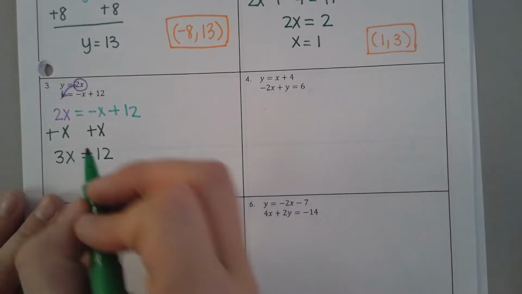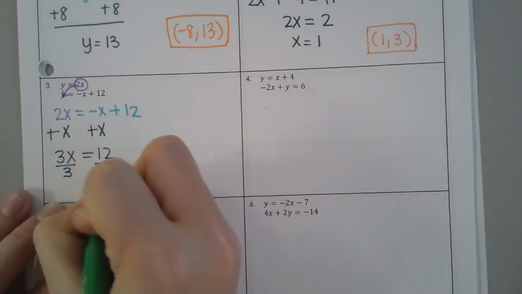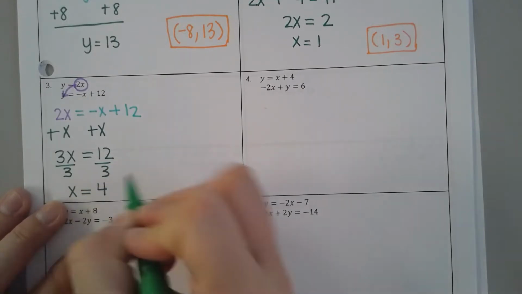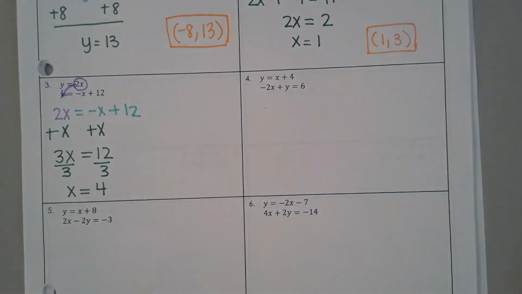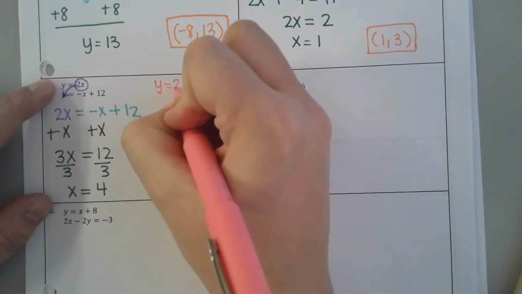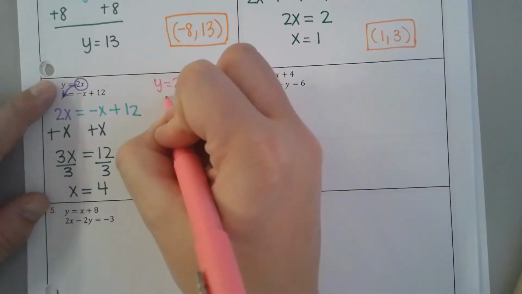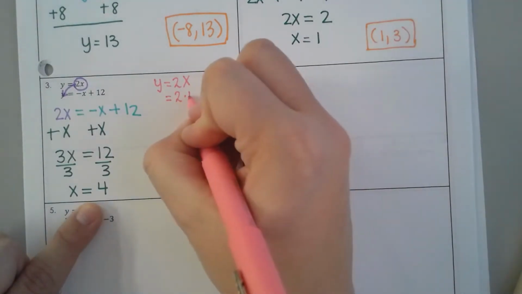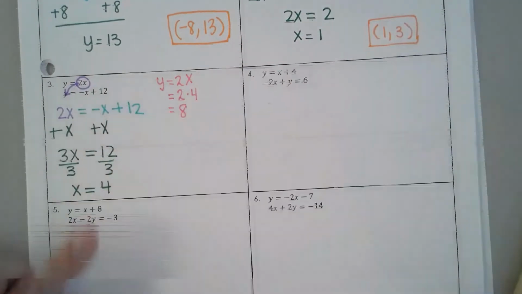and then I divide by 3 to get x equals 4. Do I know my y value? No. But it's really easy to find because I know that y is 2 times x, and x is 4, so we would do 2 times 4, which is 8.